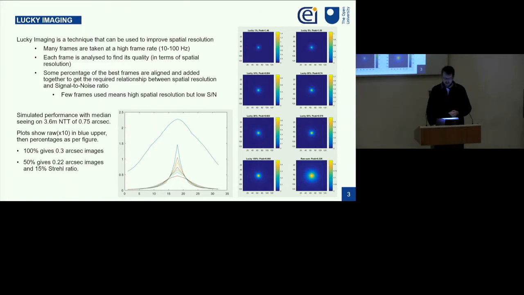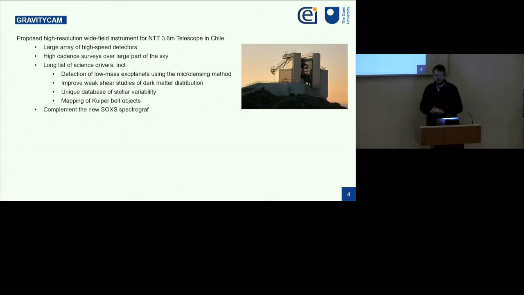So using that, we have proposed a new instrument for the NTT. We call it GravityCam. It's basically a large array of high-speed detectors, and with that we will be able to do high cadence surveys over a large part of the sky.